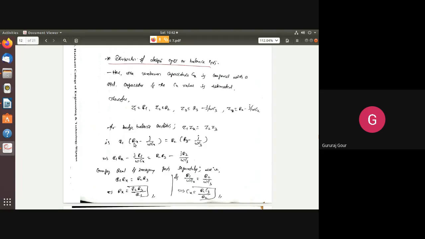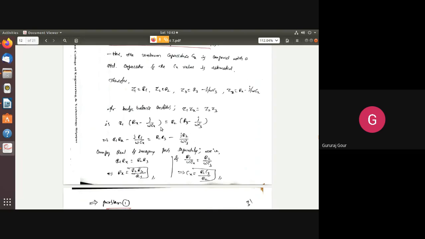R1 into Rx minus, this R1 is multiplied with j by omega Cx, we get j R1 by omega Cx, that is equal to R2 into R3 minus R2 into j divided by omega C3. So this is how you have to expand the brackets.